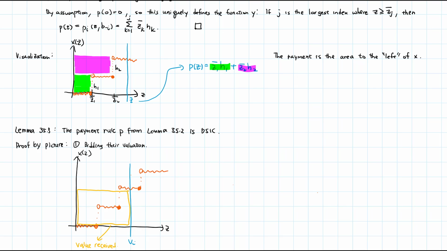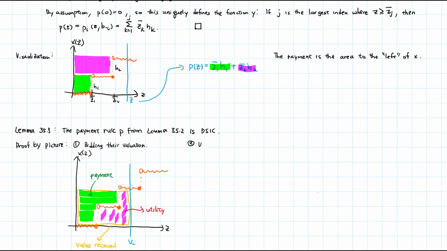The payment is to the left of the graph, so it is this green area here. So the utility is the difference between the two, which is this pink area here. So this is the utility we get if we bid our valuation.